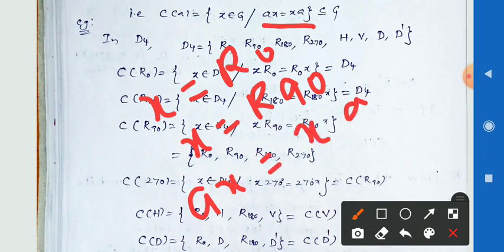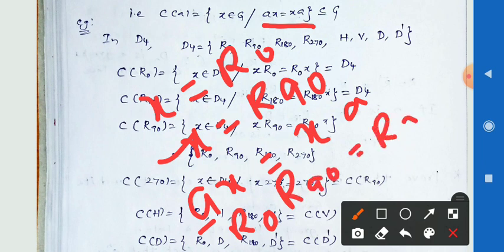A is fixed as R0. Here X is taken as R90.